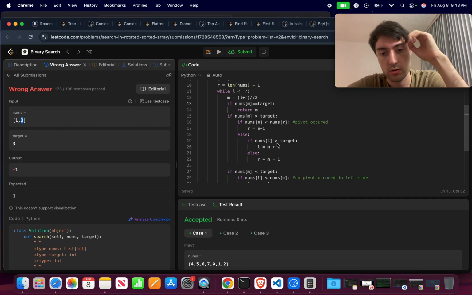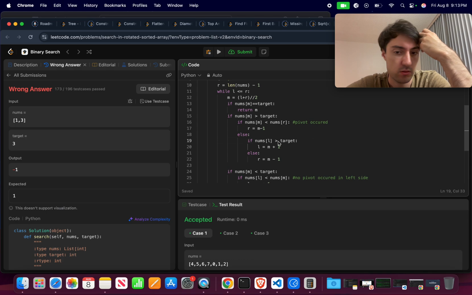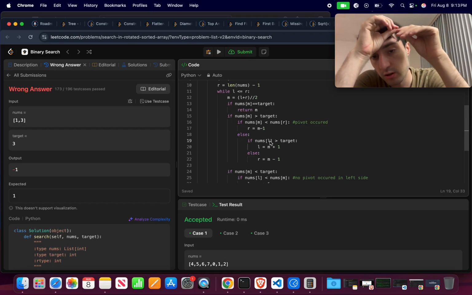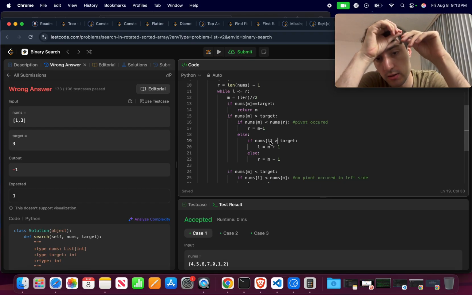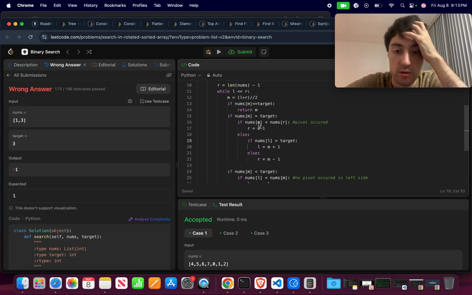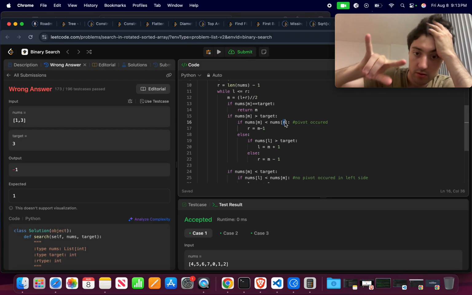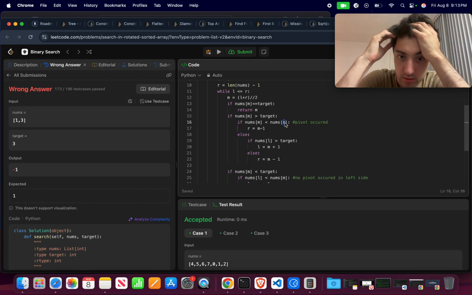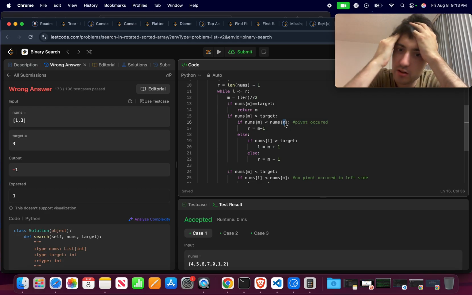So if this is the case, right? If length of, okay, so the pivot occurred and I should have said where. The pivot occurred where. So M is less than R. Wait, doesn't that mean that the pivot did not occur?